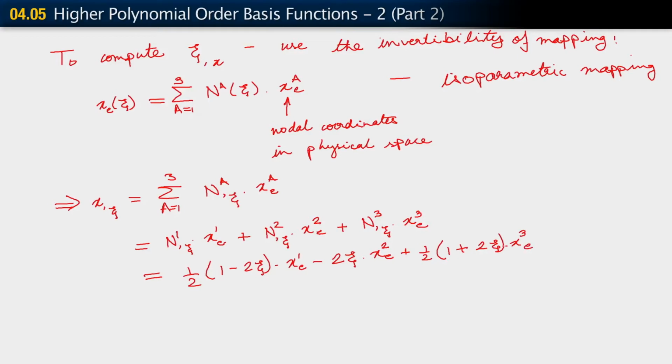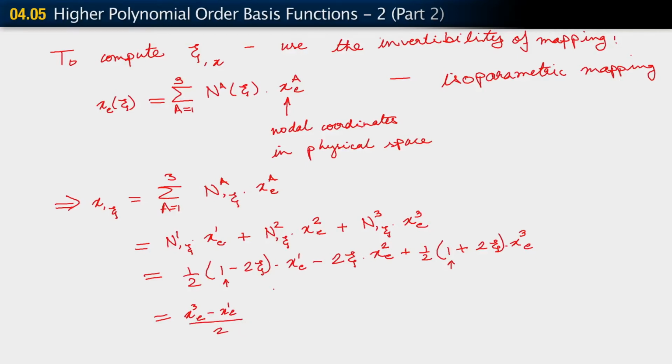Now, note that there are just two kinds of terms here: constant terms, independent of ξ, which I'm going to pull aside first: (x3e minus x1e) divided by 2.